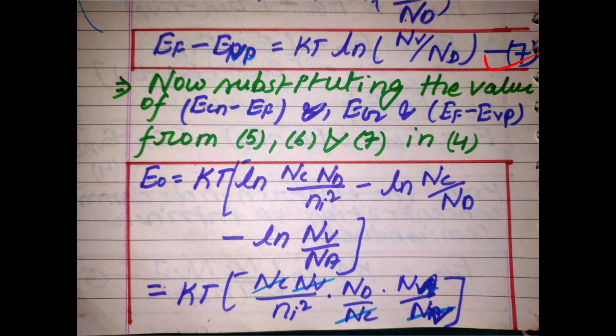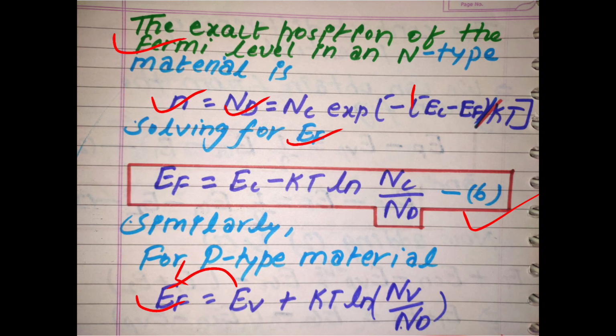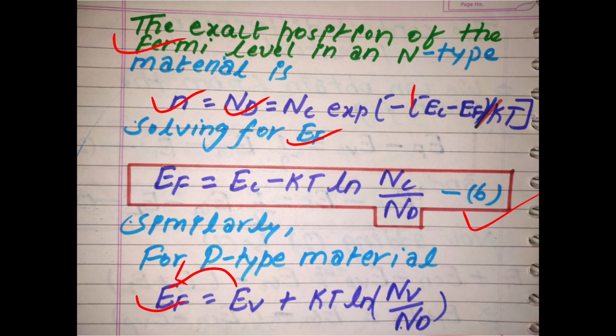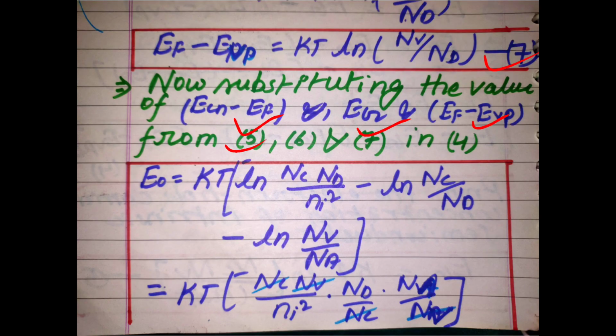Now we are going to substitute the values of ECN minus EF, EG, and EF minus EVP from equation number 5, equation number 6 and equation number 7 into equation number 4.